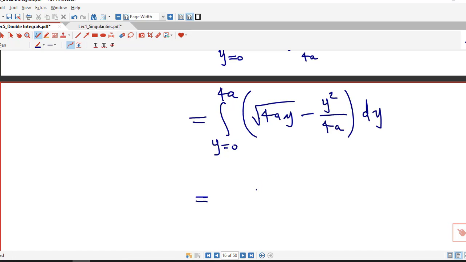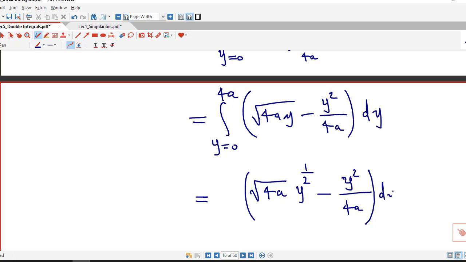So now here square root of 4a is constant. Integral of square root of y, or we can write one more step, y raised to 1 by 2 minus y square by 4a, and then we have to integrate with respect to y from y equal to 0 to 4a.